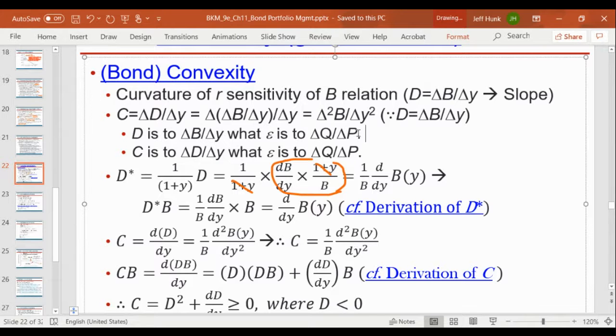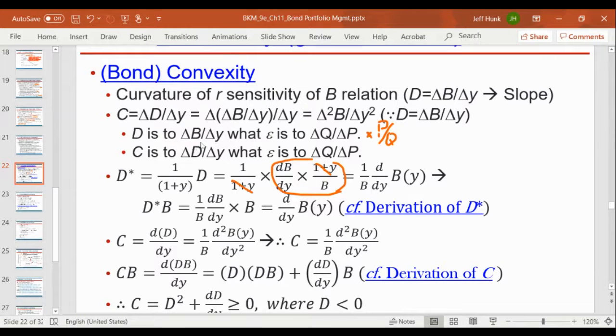Of course, in elasticity, we have to multiply that by P over Q. Only then is this a percentage change: change in Q over Q divided by change in P over P, percentage change in Q over percentage change in P. But what's important is the slope, so we're focusing only on this.